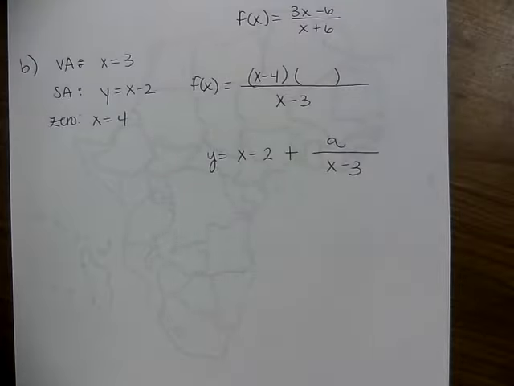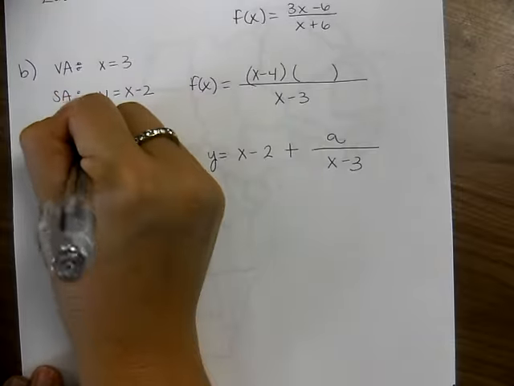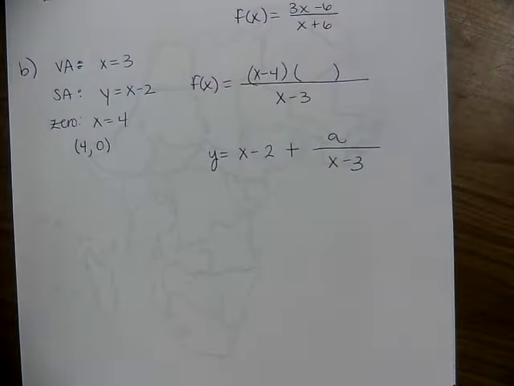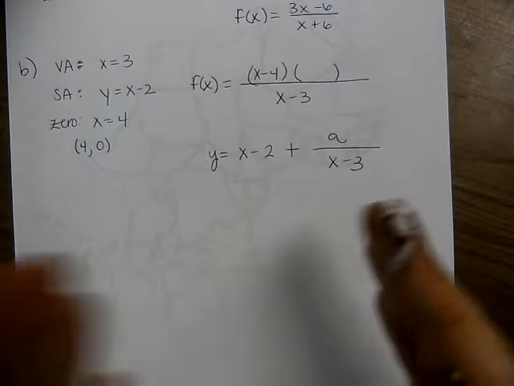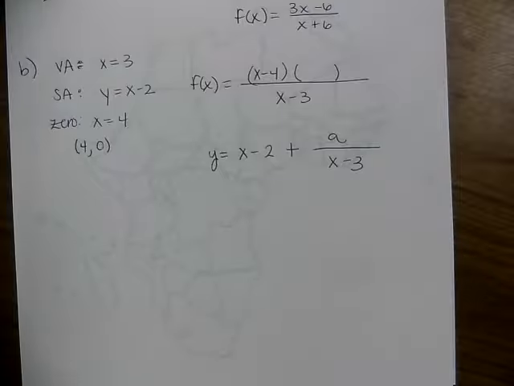What about that 0? What does it represent? A solution point. Isn't it a solution point of this graph? Isn't it like x and y, where x is 4 and y is 0? And if I could plug that in, couldn't I determine what a is? That's what I'm going to do.